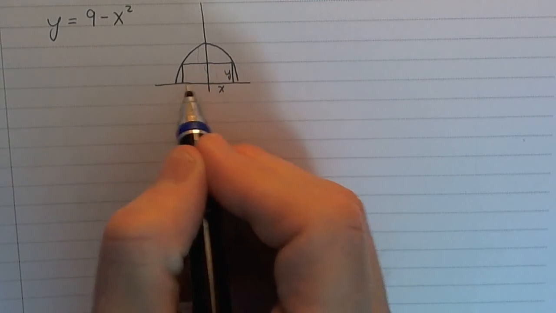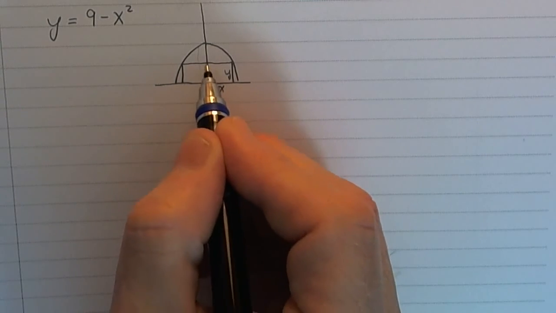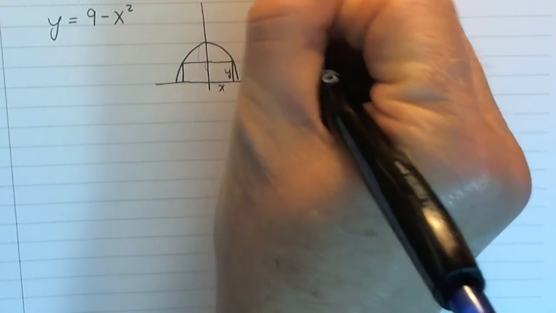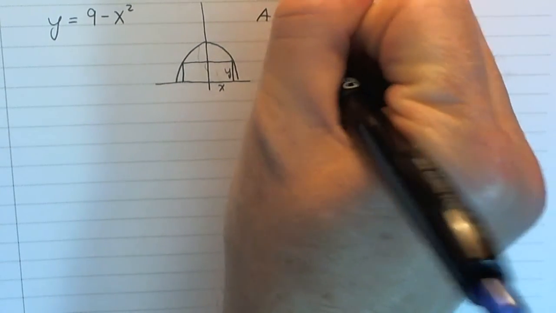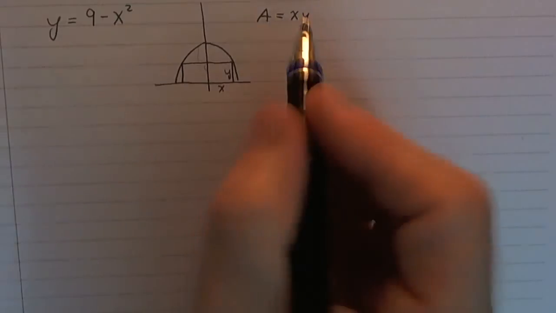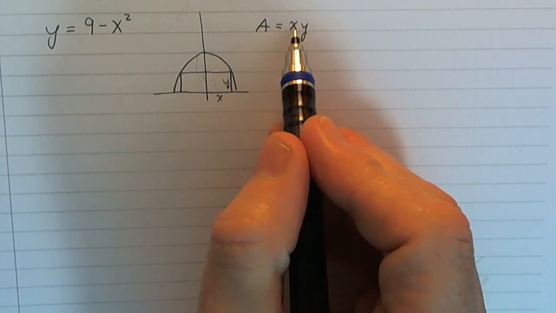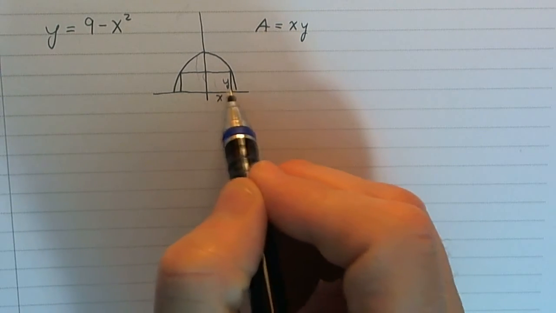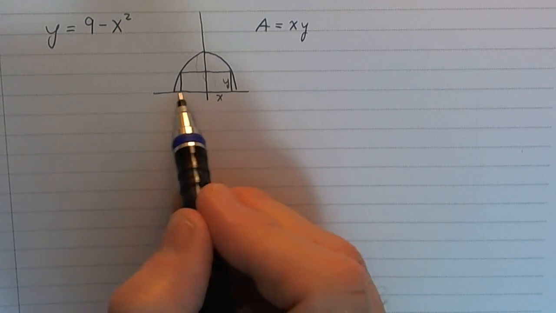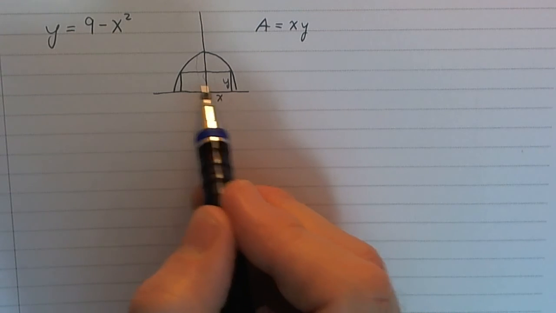But we don't need to think about that, because what I'm thinking is we will just optimize this little rectangle here. In other words, I will use this as my objective, right? x times y. That's what I want to take the derivative of. And then I recognize that will give me the value for x, and if I actually want to find the length here of the rectangle, I just double it, because of the symmetry.